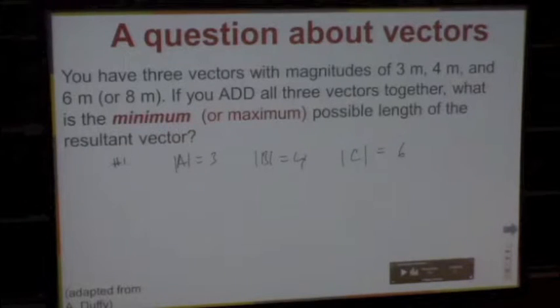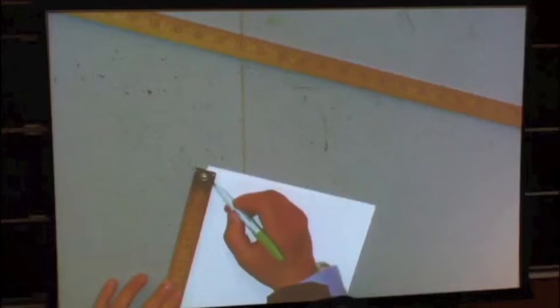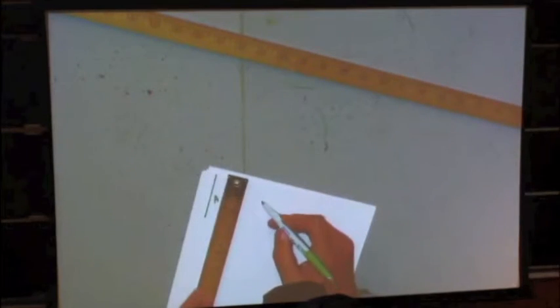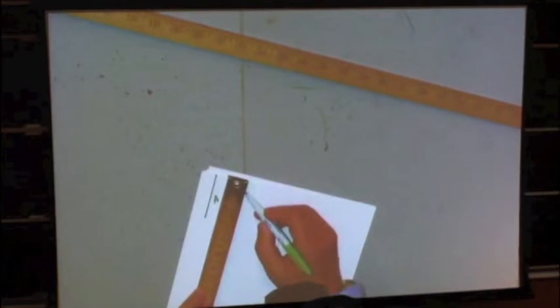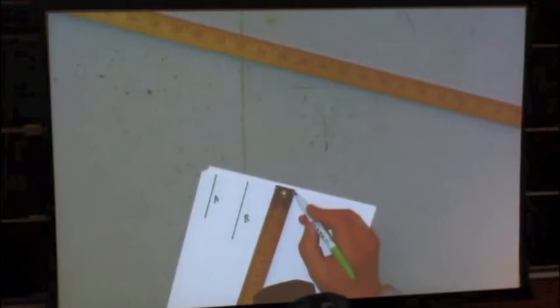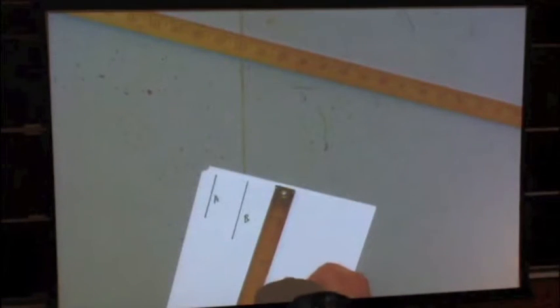And the question is, how would we arrange those vectors so the resultant would have maximum possible magnitude? A. B. C. So it's up to you how you point them, how you arrange them.